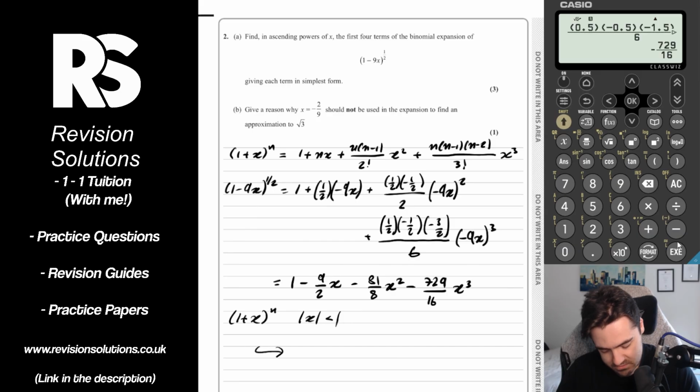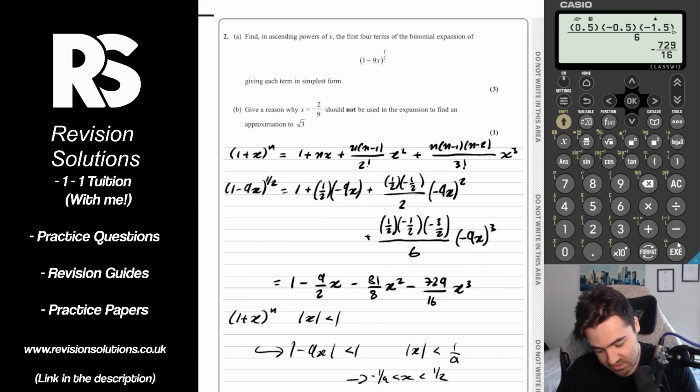So for us, we need mod of minus 9x to be less than 1. Or in other words, mod x needs to be less than 1/9, which means x needs to be between minus 1/9 and 1/9, which it's not. So therefore, x equals minus 2/9 is not a valid input.